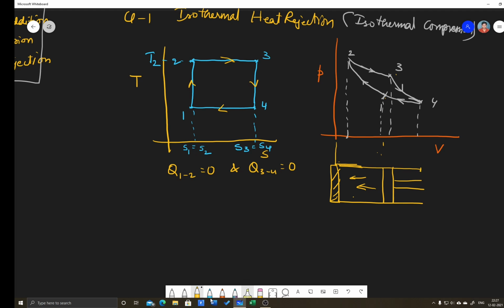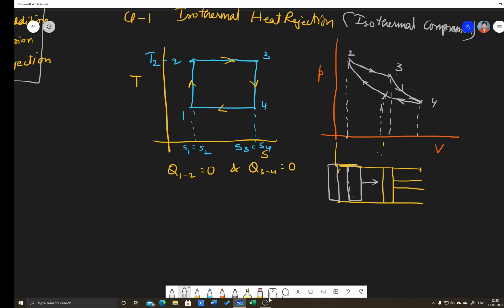So during this process what he will do is this cap will be replaced with a highly conductive material. That means whatever the heat is given to this, it will transfer to the atmosphere. So what happens is, if you recall 2 to 3, here expansion takes place. That means volume is increasing. So now this is at the position of 2. This piston will start moving in this direction.